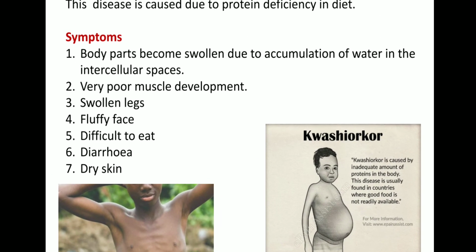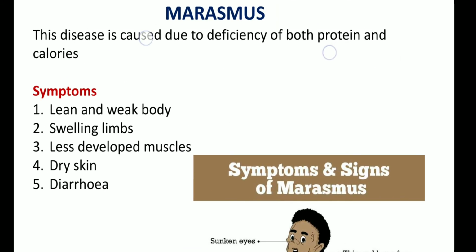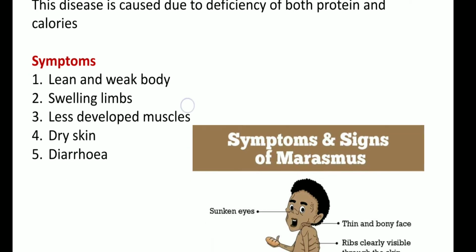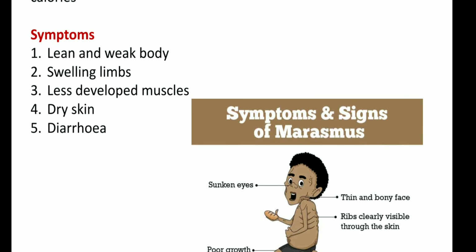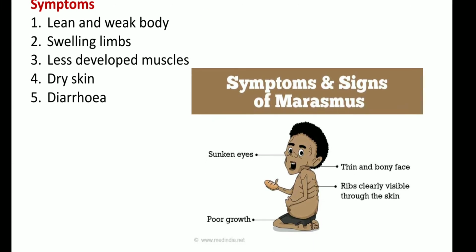the intercellular spaces. Now the second disease is Marasmus. This disease is caused due to deficiency of both protein and calories. The symptoms of this disease are a lean and weak body, then swelling limbs, less developed muscles, that is poor growth, then dry skin and diarrhea.